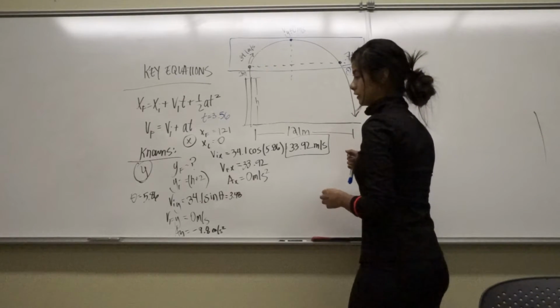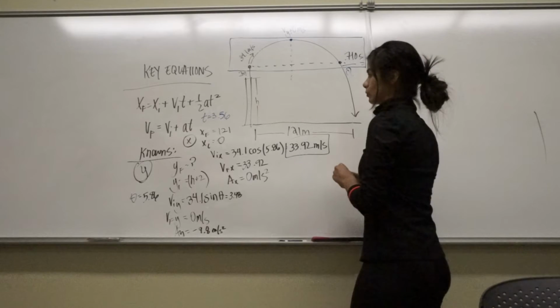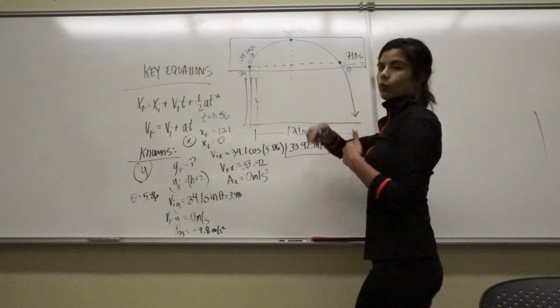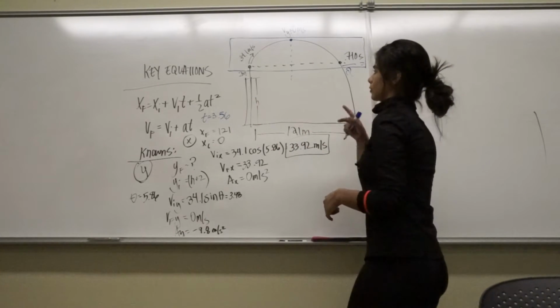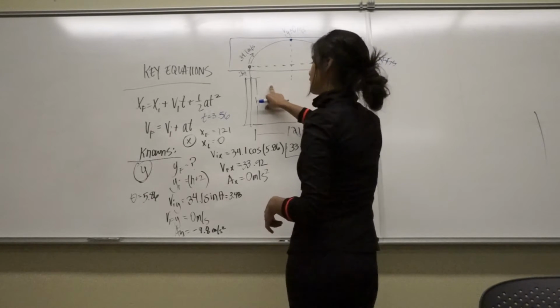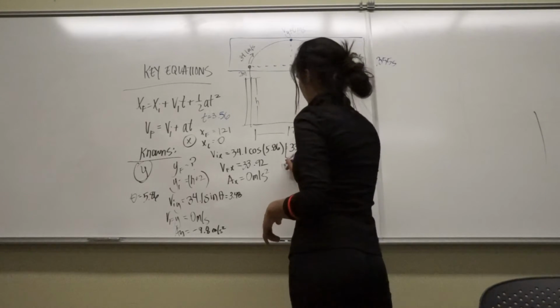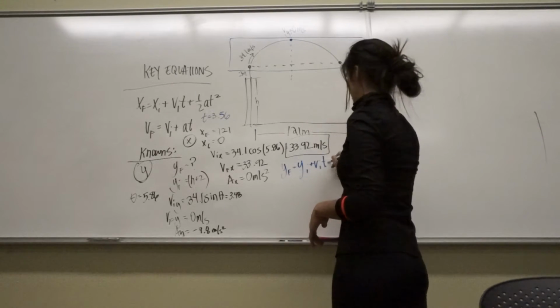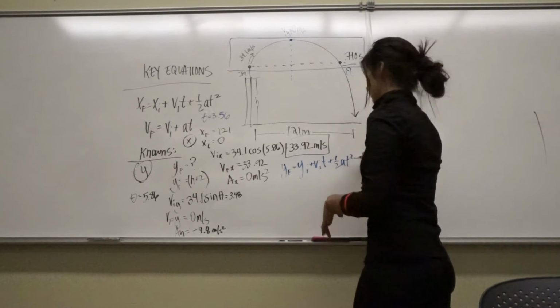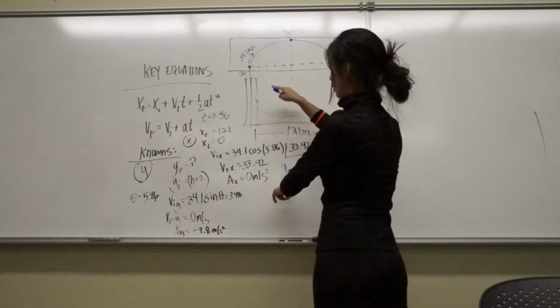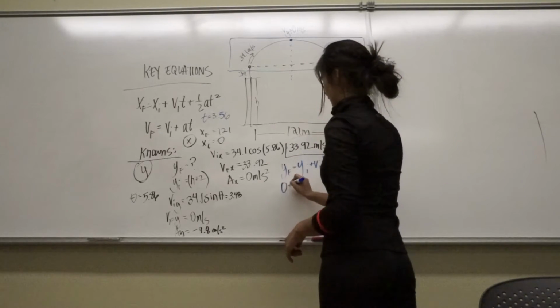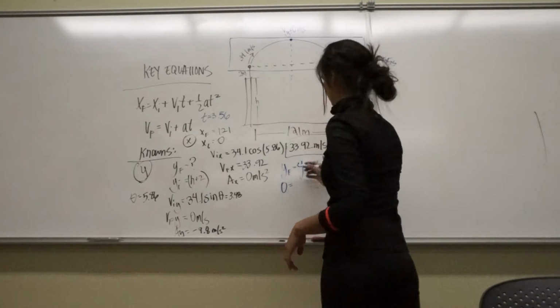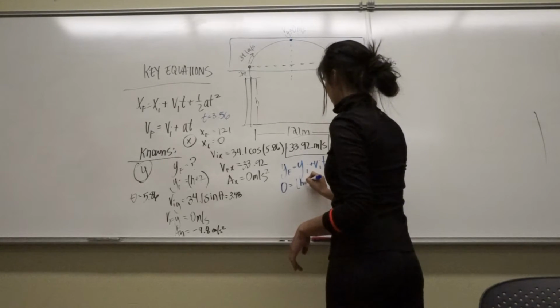And now we're going to use the same equation, but now we're going to use it in the y direction so we can figure out the height. So we're going to use y of f equals y of I plus VI of t plus 1/2 at squared. Y of f, y final is the ground, so that's going to be 0. Y of I is up here. So I'm going to label that h plus 2.